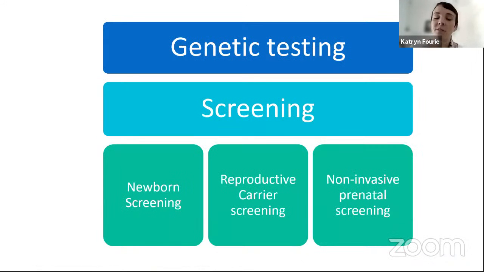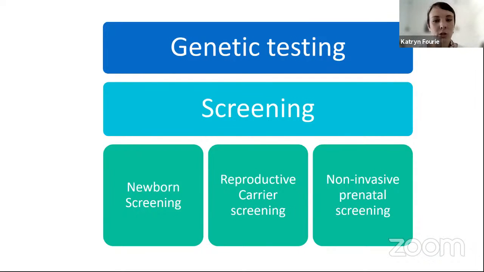So if we look more specifically at the genetic testing that I mentioned before, we have things like screening, which very roughly, from a genetics point of view, includes newborn screening, reproductive carrier screening, and non-invasive prenatal testing.